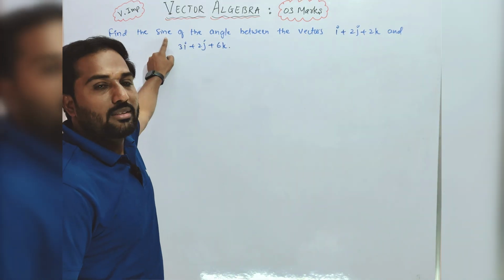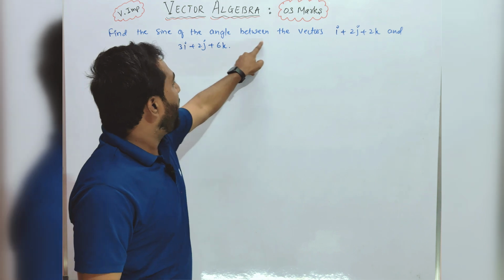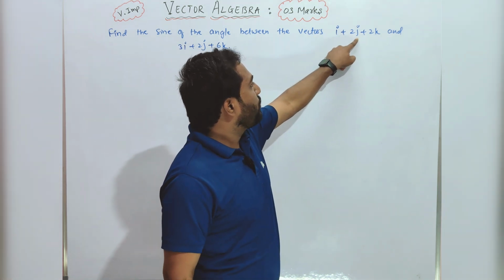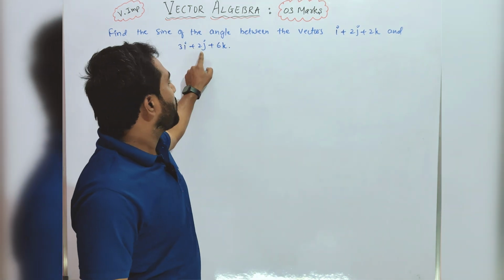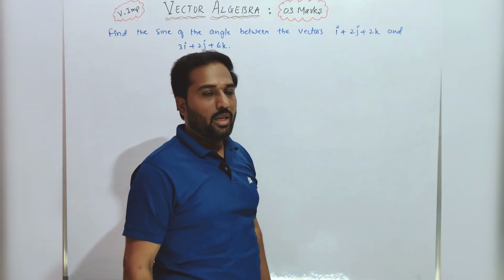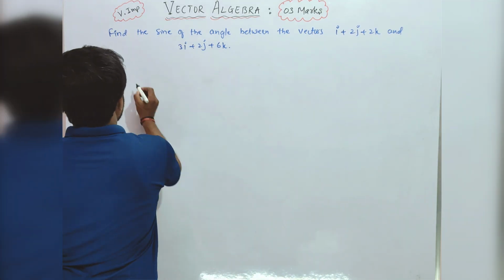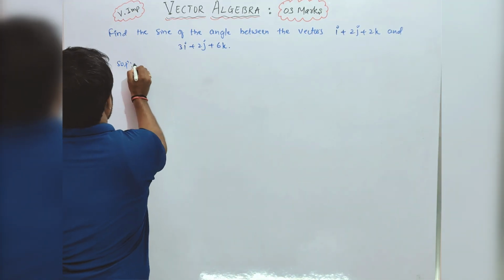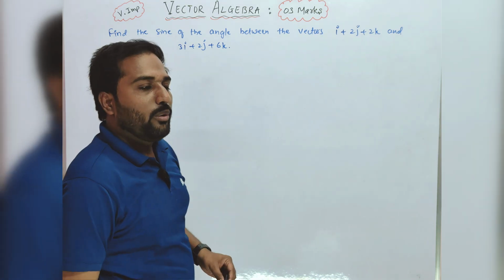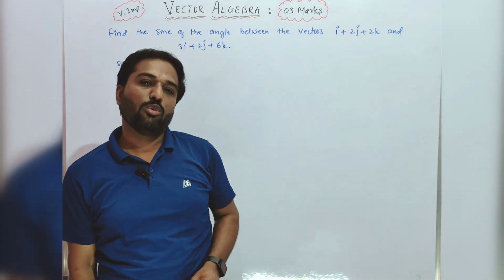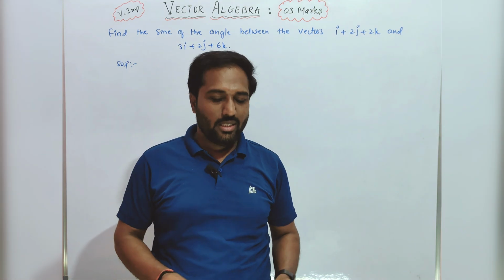Find the sine of the angle between the vectors i plus 2j plus 2k and 3i plus 2j plus 6k. Okay, let us see. So you need to know what is the formula to find the sine angle. That is the only thing you need to remember.